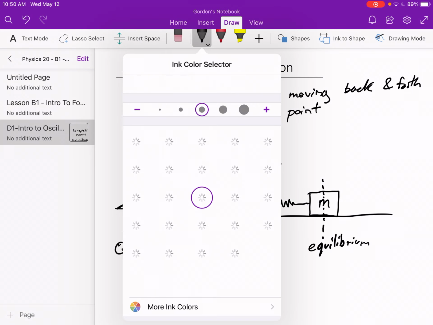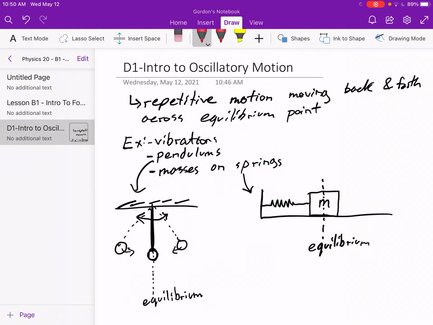If you were to pull on the spring, the mass would get stretched out to over here somewhere, and it would go back and forth between that point and a point on the other side of the equilibrium. It's going to go back and forth and back and forth. We're going to talk about this in a lot more detail, so I'm not going to go into too much depth here.